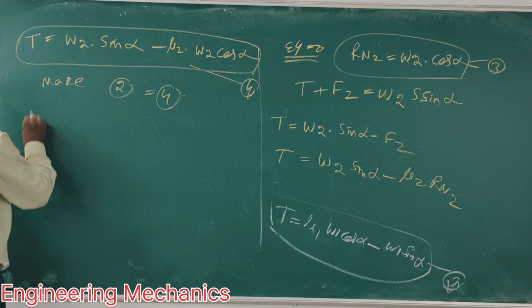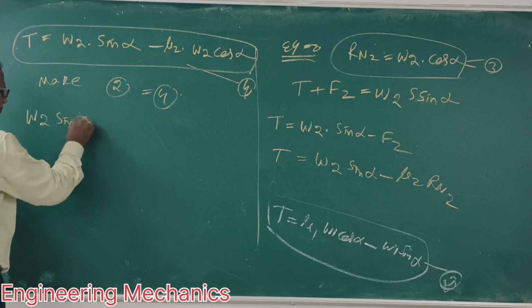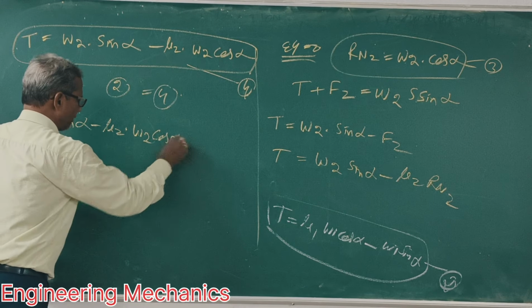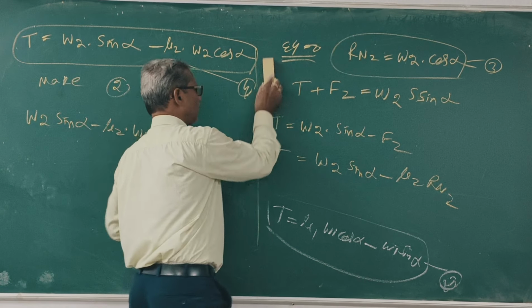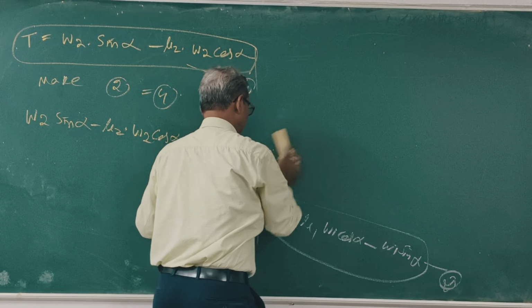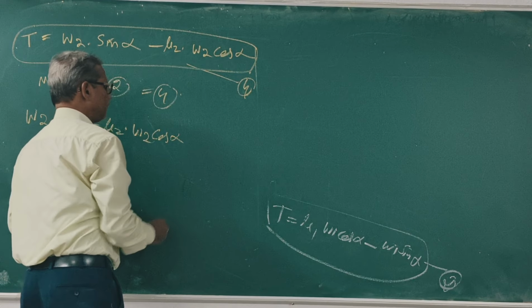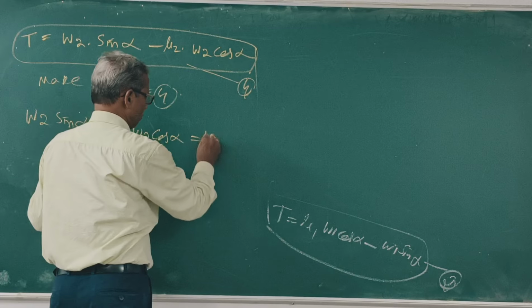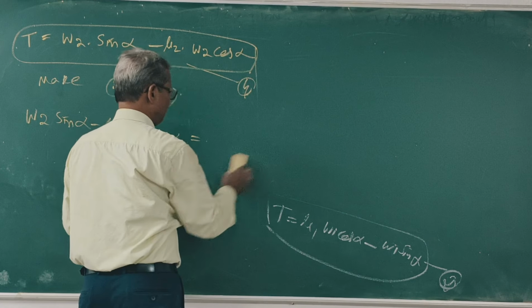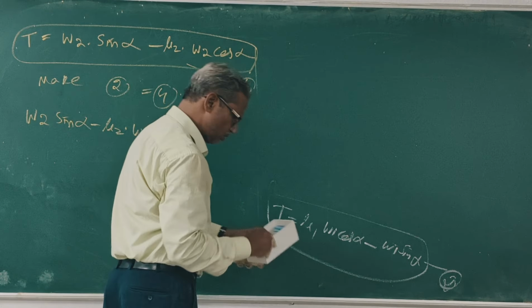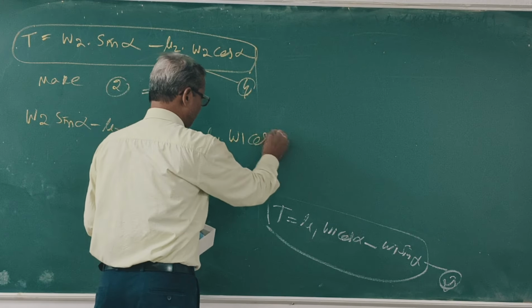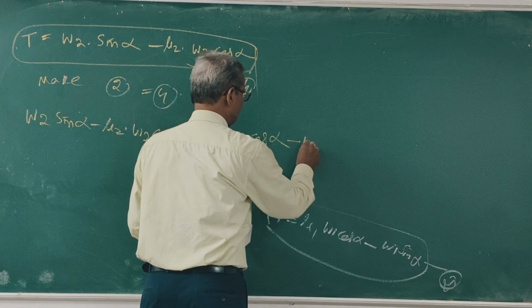W2 sin alpha minus mu2 into W2 cos alpha is equal to mu1 W1 cos alpha minus W1 sin alpha.